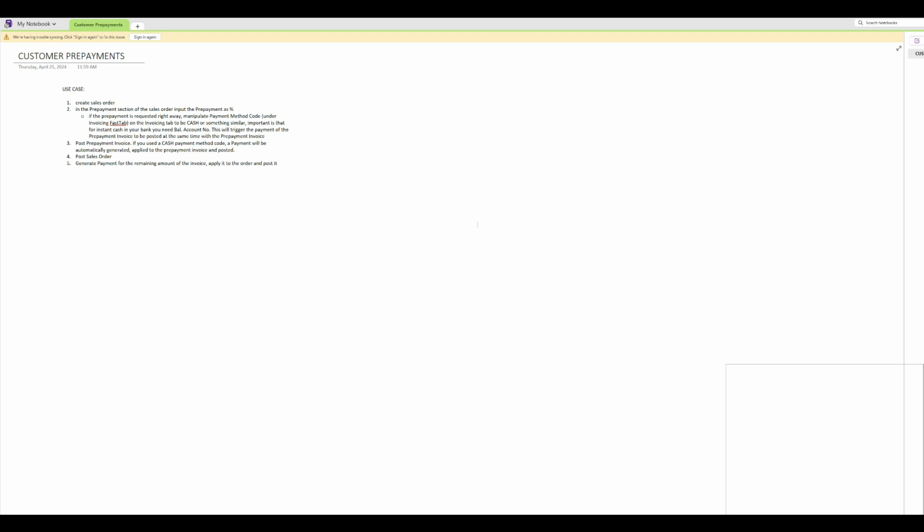I have here the steps that are part of the use case that involves prepayment. We create a sales order. The sales order has a prepayment section. We enter in the prepayment section the percentage that we're asking the customer to prepay us. We post the prepayment or the deposit that we're asking for.